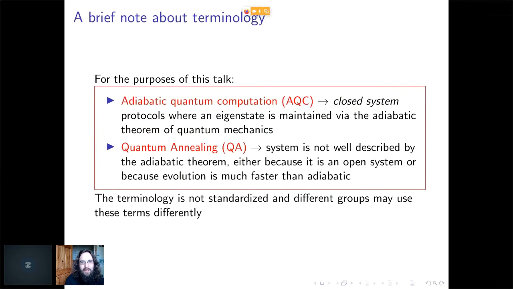When I say quantum annealing, I mean that for one reason or another, you're away from the adiabatic limit, either because you're in an open system and there's noise, or you're doing evolution that's faster than adiabatic. If you don't know quite what these words mean, I'll explain a little bit later on. The reason I'm highlighting this right at the beginning is that different groups use these terms differently.